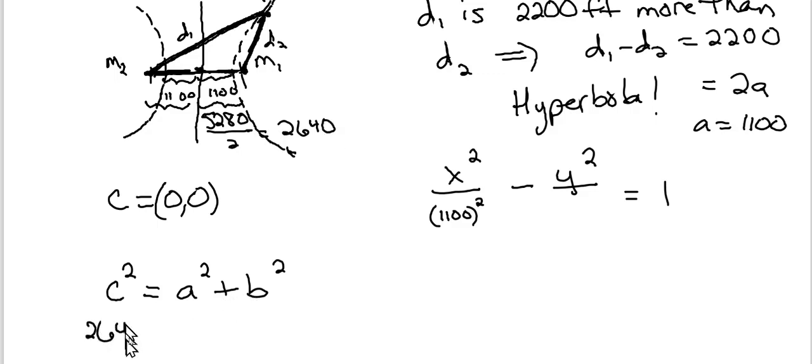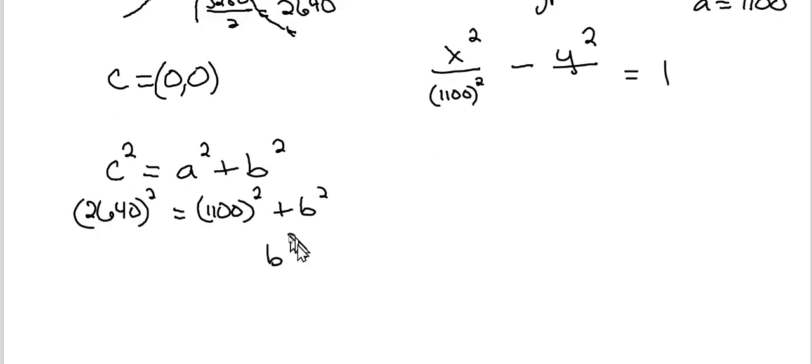That's going to be my c. 2,640, 1,100, and then the b squared, which is what we need to find. 2,640 squared is 6,969,600, minus 1,100 squared, which is 1,210,000.